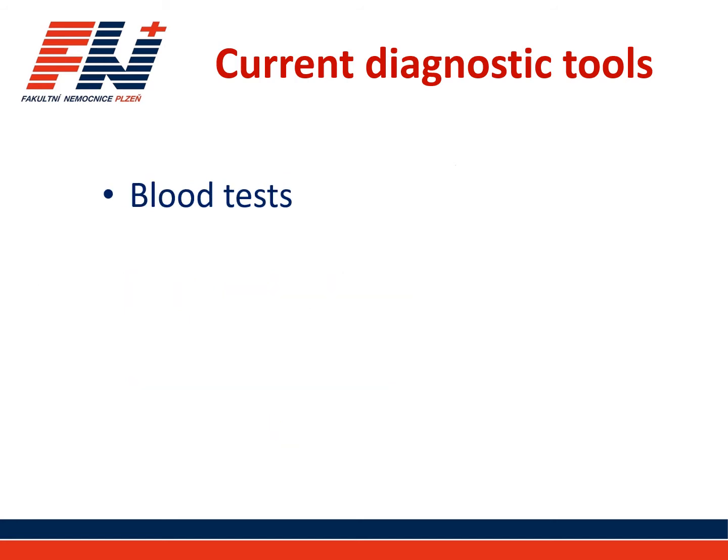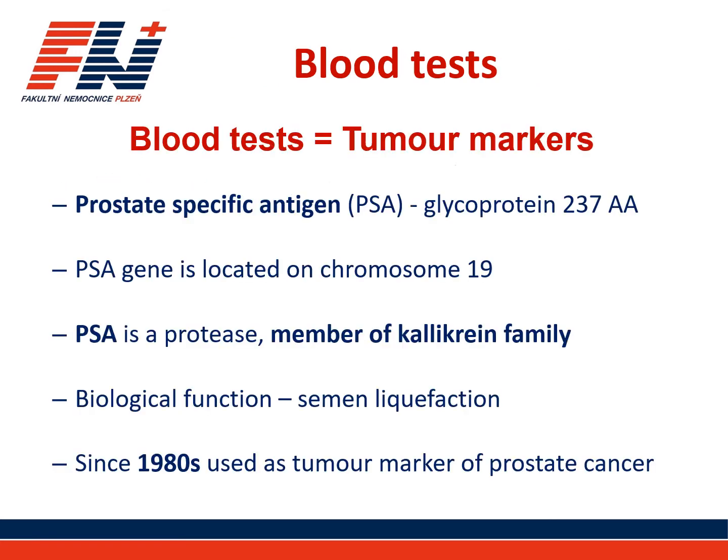Let me start with the blood tests. Blood tests, there are in the first line tumor markers. The basic tumor marker for prostate cancer is prostate specific antigen, PSA.